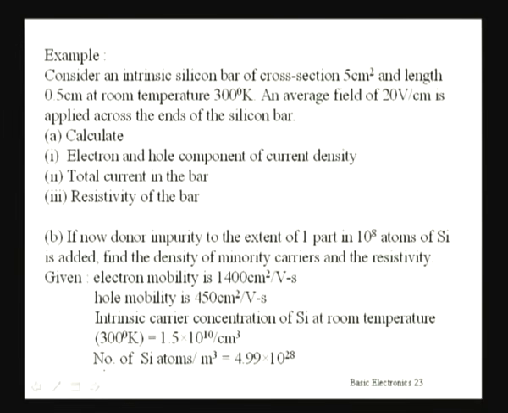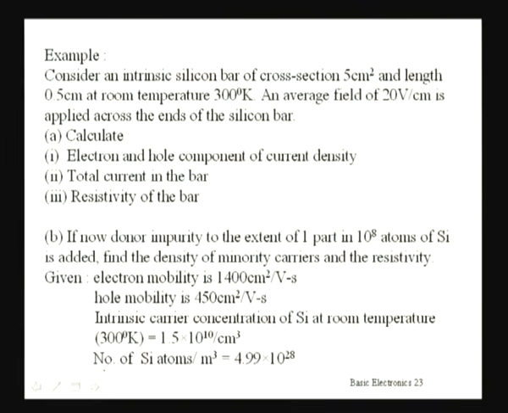Consider an intrinsic silicon bar of cross section 5 cm square and length 0.5 cm at room temperature 300 degree Kelvin. An average field of 20 volt per centimeter is applied across the ends of the silicon bar.